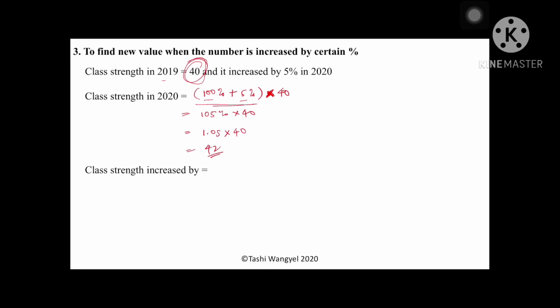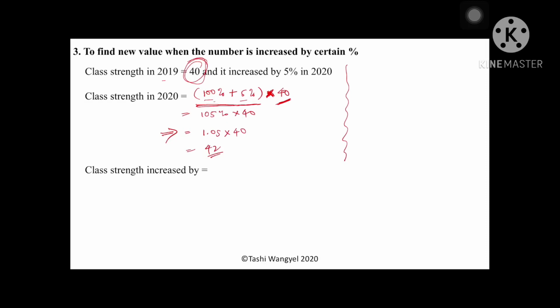Here 100% plus 5% increase, that is the initial number plus 5% of the initial number, gives 42. This is the step by step method, but you can directly pick up the multiplier. For a 5% increase, it is 1.05 into the initial number.